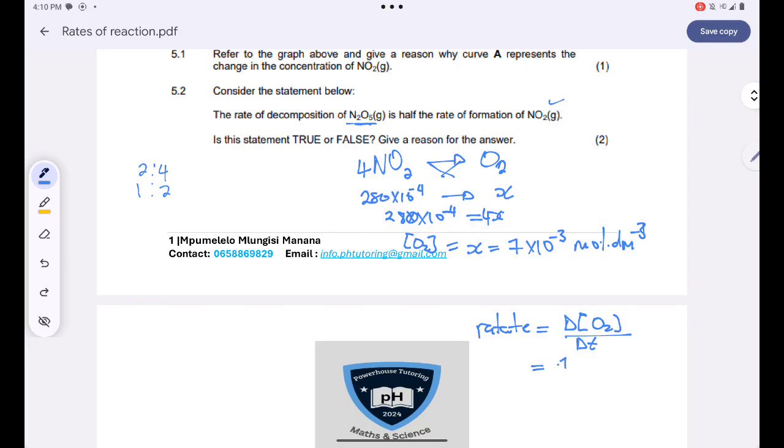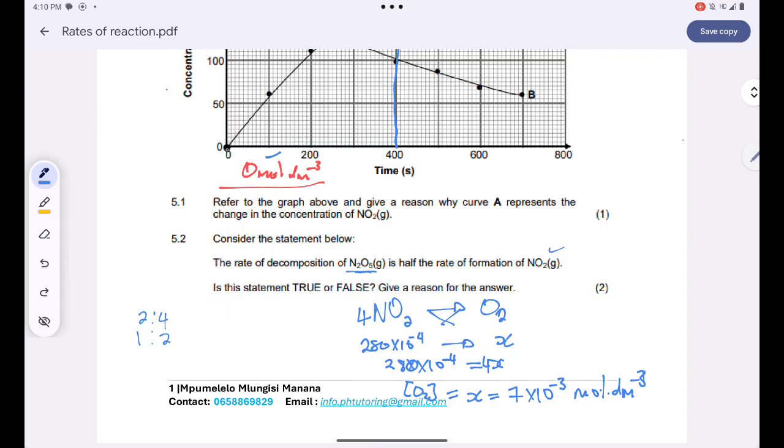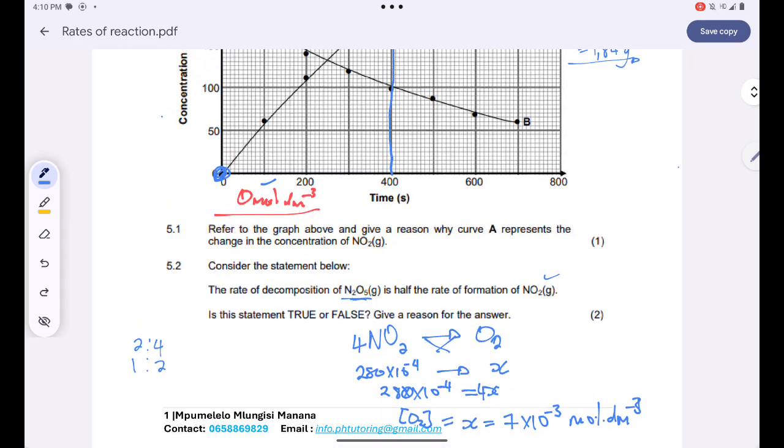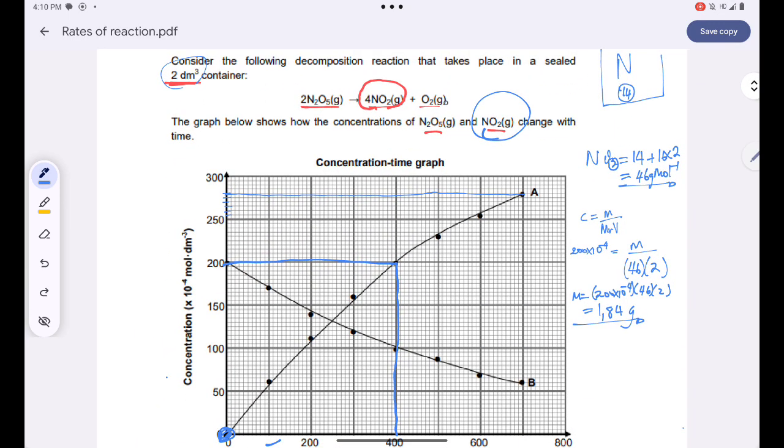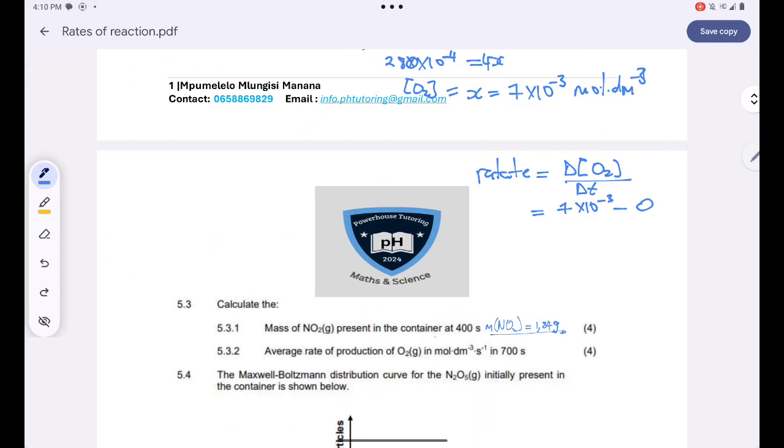So I can simply say 7 times 10 to the power negative 3. Initially oxygen was 0 because at the initial stages I haven't yet formed products. So oxygen as well as nitrogen dioxide are both 0 moles per cubic decimeter. So divided by 700 minus 0.